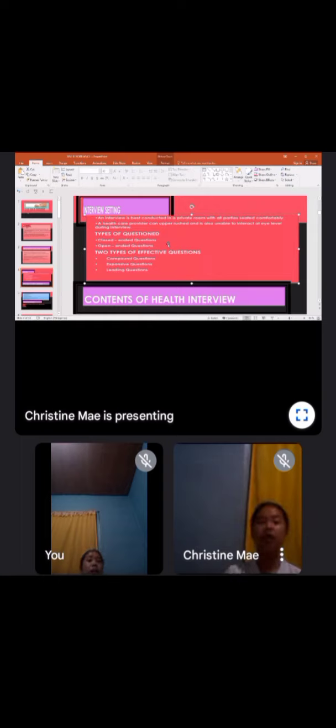So, there are three types of ineffective questions. The first is compound questions, the second is expansive questions, and the third is leading questions. When we say compound question, what is it? Compound questions should be avoided if at all possible because the information elicited is not accurate, and they must be followed by a clarifying question.